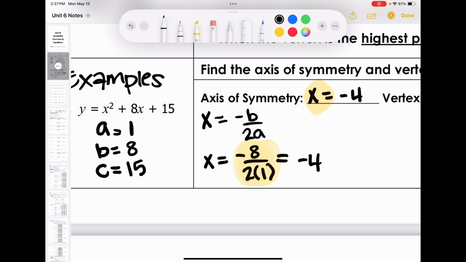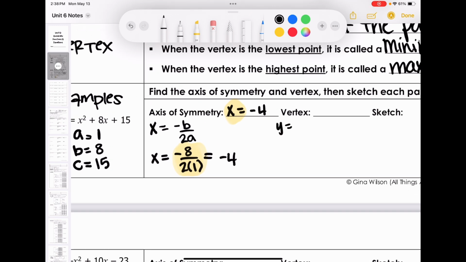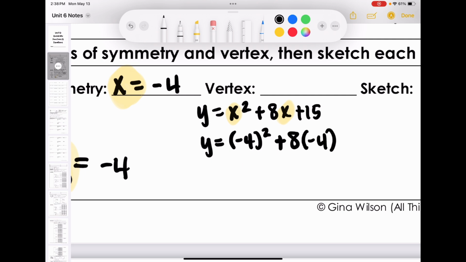All right, now to finish off, we're going to find the vertex. So I'm going to take that negative 4, and plug it into my function wherever there is an x. So right here and right here, I'm going to be plugging in a negative 4. So I'm going to have negative 4 in parentheses squared plus 8 times negative 4 plus 15.